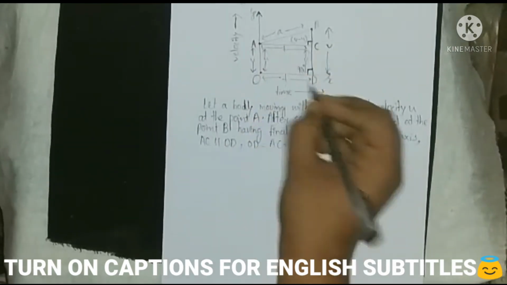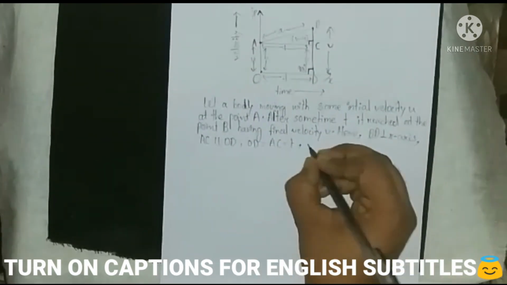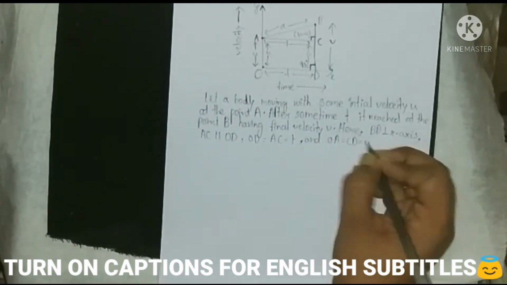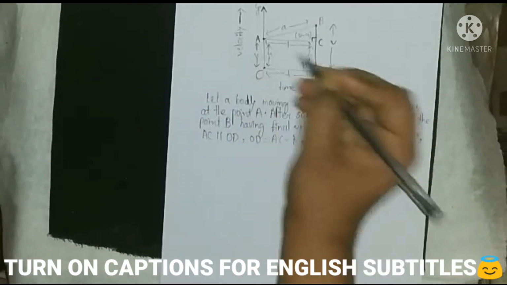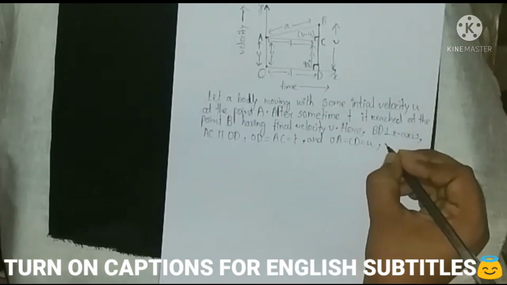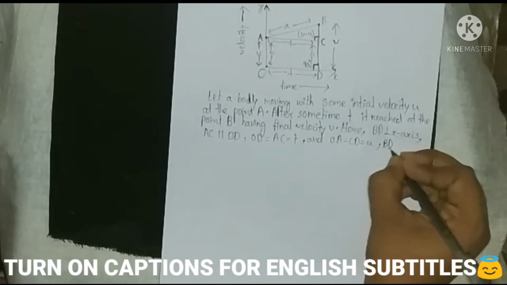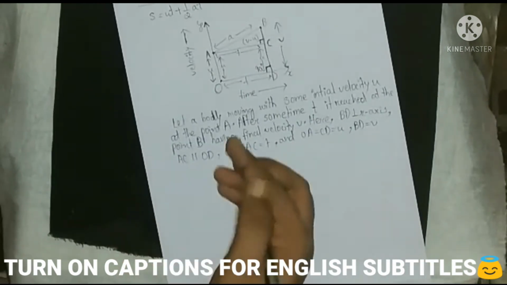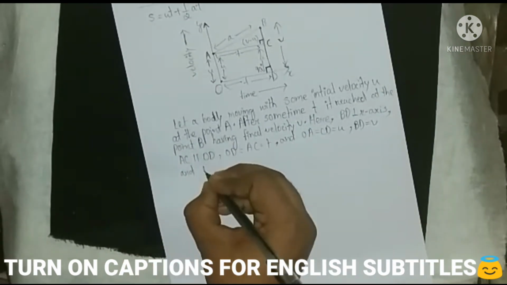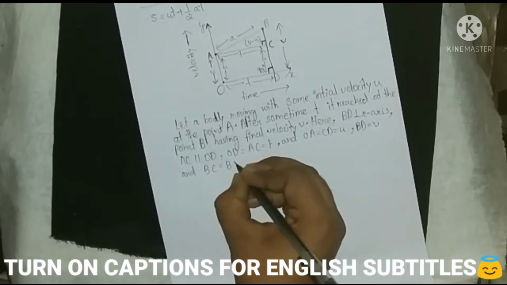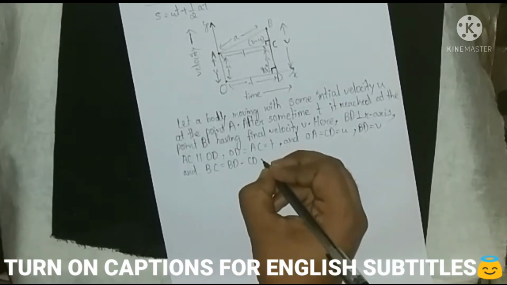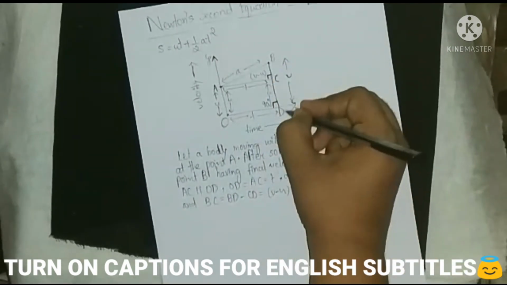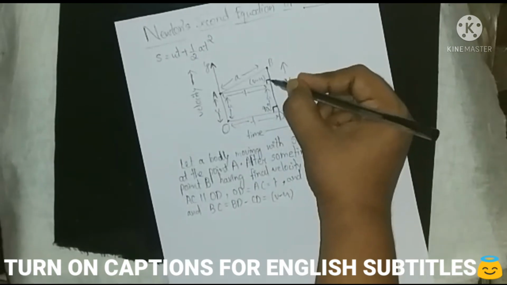OD is equal to AC is equal to t, and OA is equal to CD is equal to initial velocity U. BD is equal to V, final velocity V. BC is equal to BD minus CD is equal to V minus U. As we denoted, BD minus CD, we got BC, and that's V minus U.